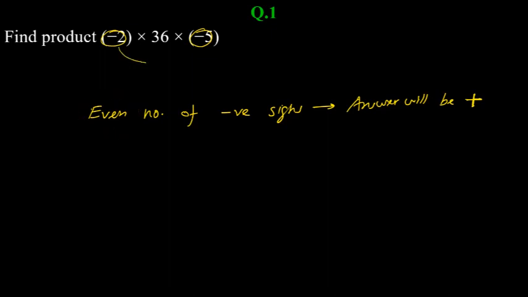And then 5 twos will be 10, and 10 into 36 will be 360. This is how you will do it. You will write it 36 into minus 2 into minus 5, commutative property. And after that, you will write it 36 into 10, 360.